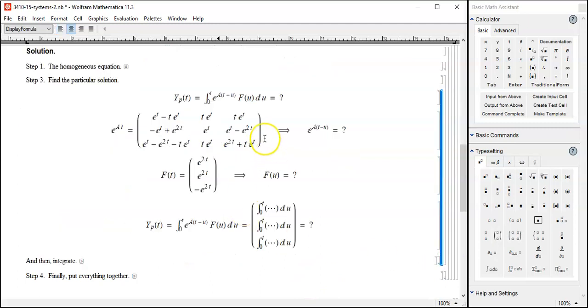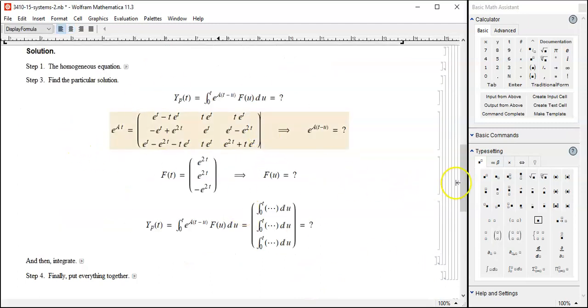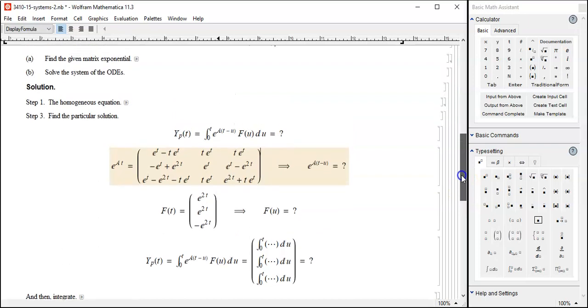And then we know the matrix exponential, e to the At power. How do we get this one? e to the A(t minus u), and that's for you to find out. This time I'm not giving away anything. And then f of t is like this, so f of u, and this is a common mistake, by the way.